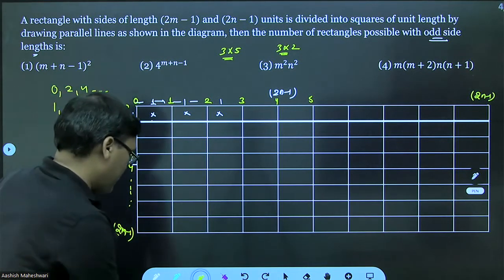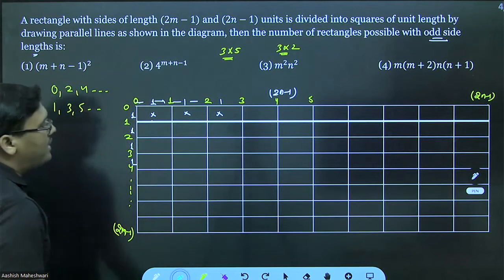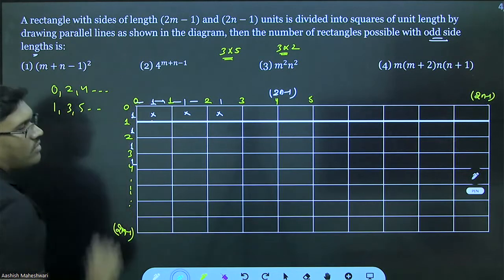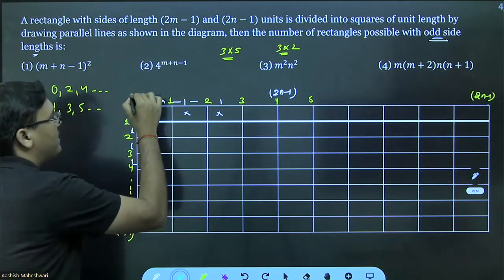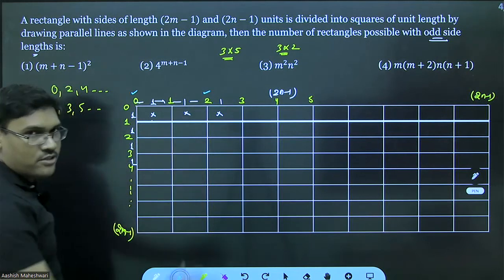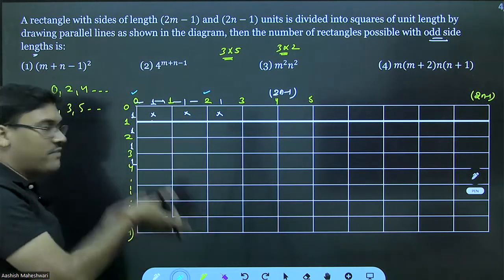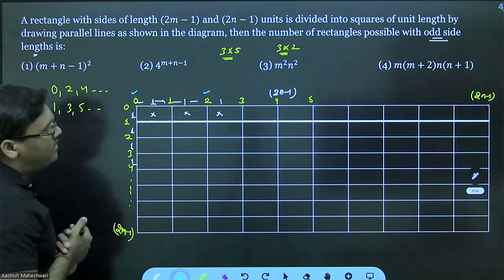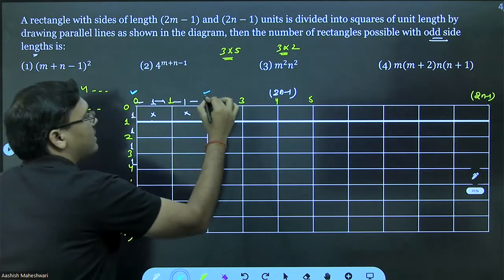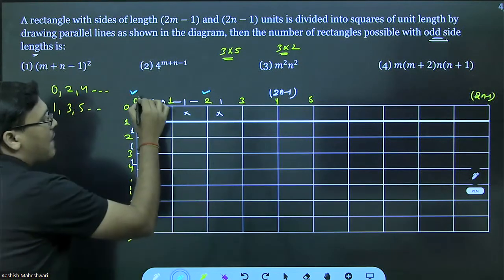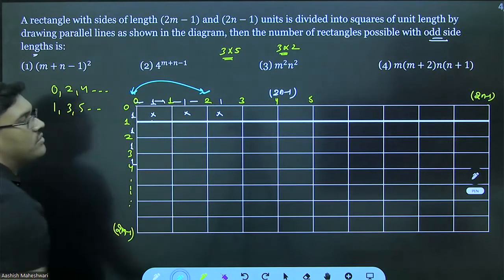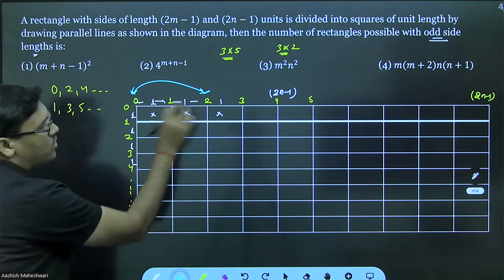Now just observe here, if I take any two lines with even number, for example, if I take 0 and 2, I'm just talking about vertical lines, exactly the same thing will happen for horizontal lines also, right? If I take even numbered lines, the gap between them will always be even. You can see here, I can take 0, 2.